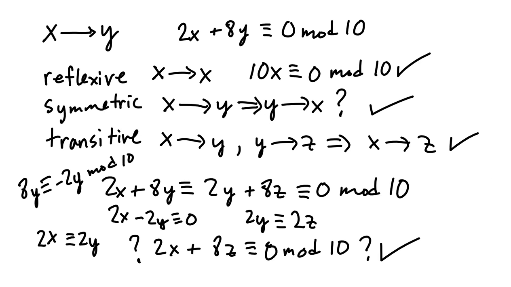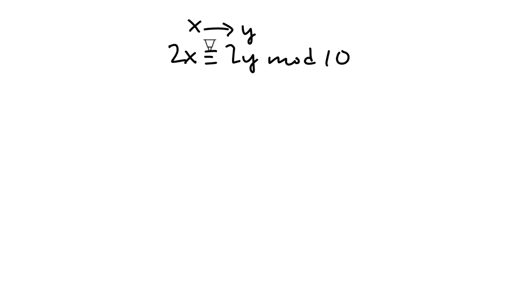Now, how could we have done this a little bit more simply? Under the assumption that if we have a partition of a set, that will give us an equivalence relation. Well, we just saw when we were looking at transitivity that the statement was the same thing as 2x congruent to 2y mod 10, and that is the same thing as x related to y.